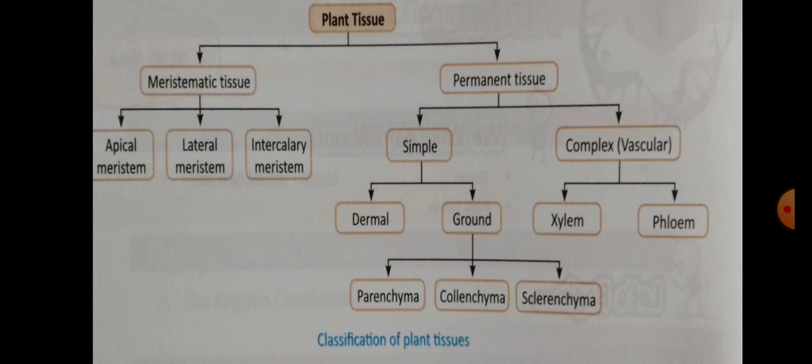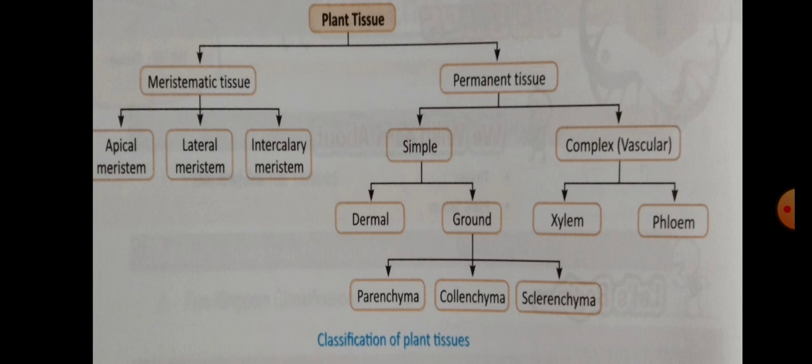Yes, so what are these plant tissues? Plant tissue contains three major organ groups, that is roots, stems and leaves. These organs, owing to the levels of organization, are composed of different tissues as we are seeing here: meristematic tissue and permanent tissue. Again permanent tissue is classified into simple and complex.